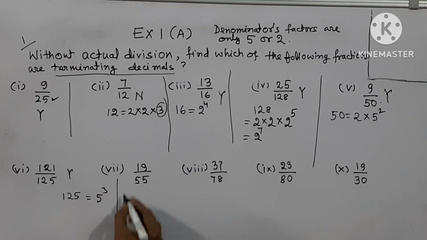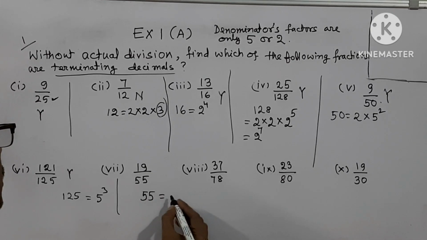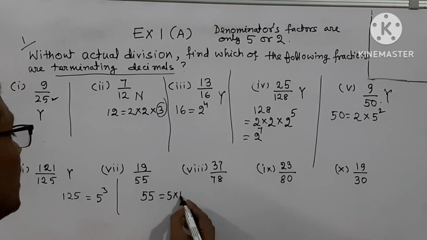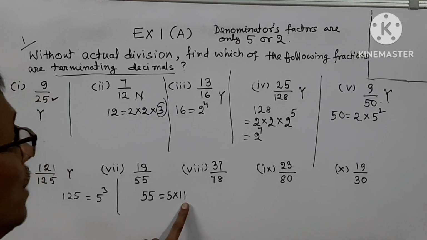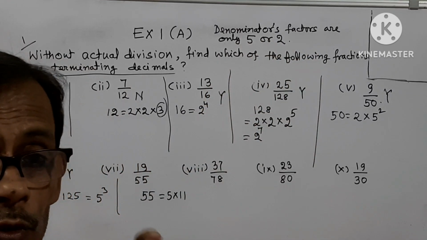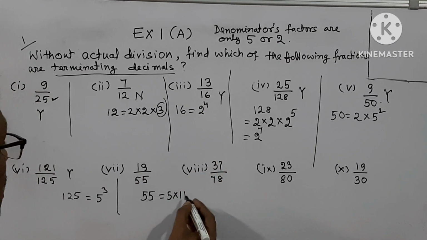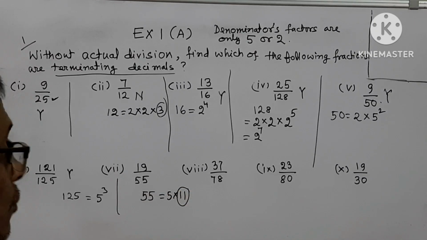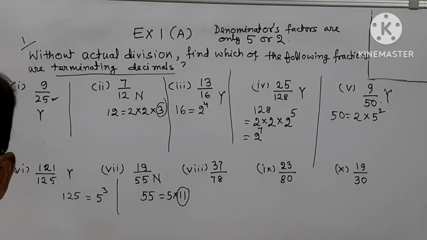Let's see number 7, where the denominator is 55. 55 equals 5 into 11. 5 is a prime number, 11 is also a prime number, but here our condition is that the denominator's factors should be only 5 or 2, not other than 5 or 2. So here 11 is there. Easily we can see that 19 by 55 will not be a terminating decimal if you divide it actually.